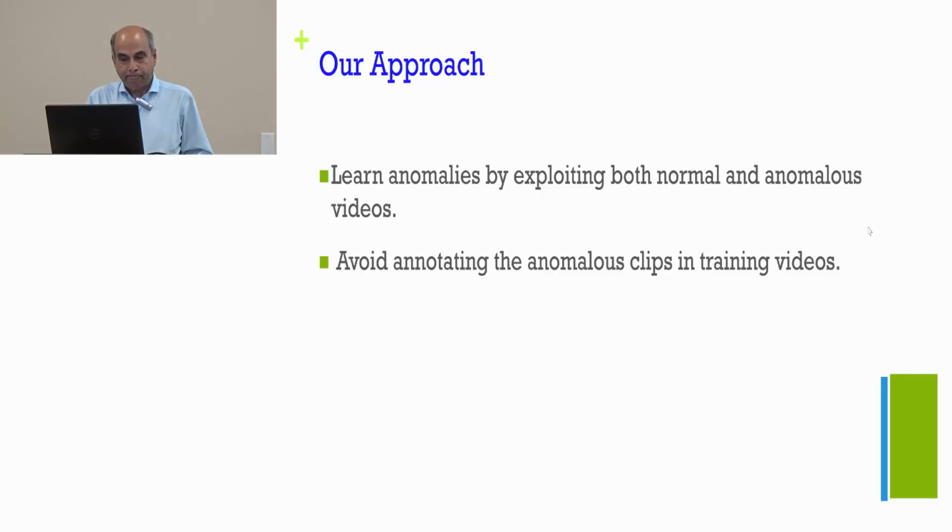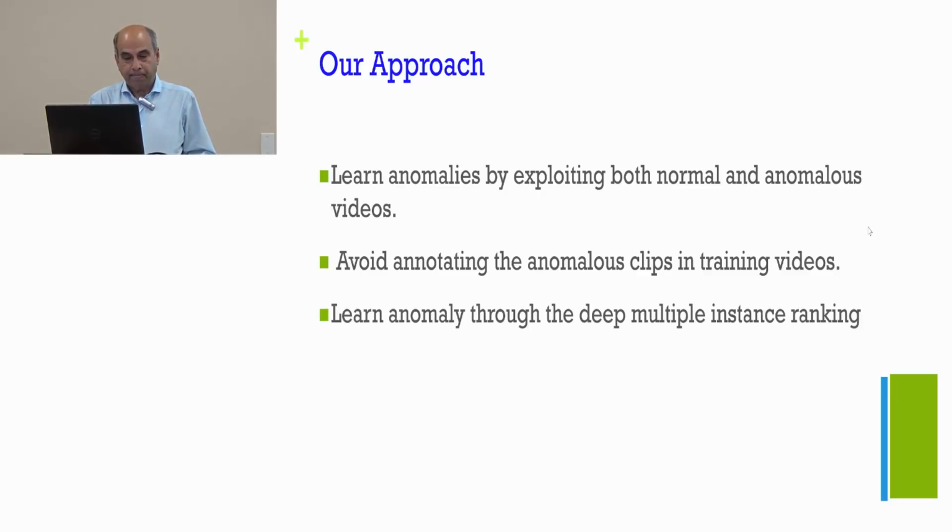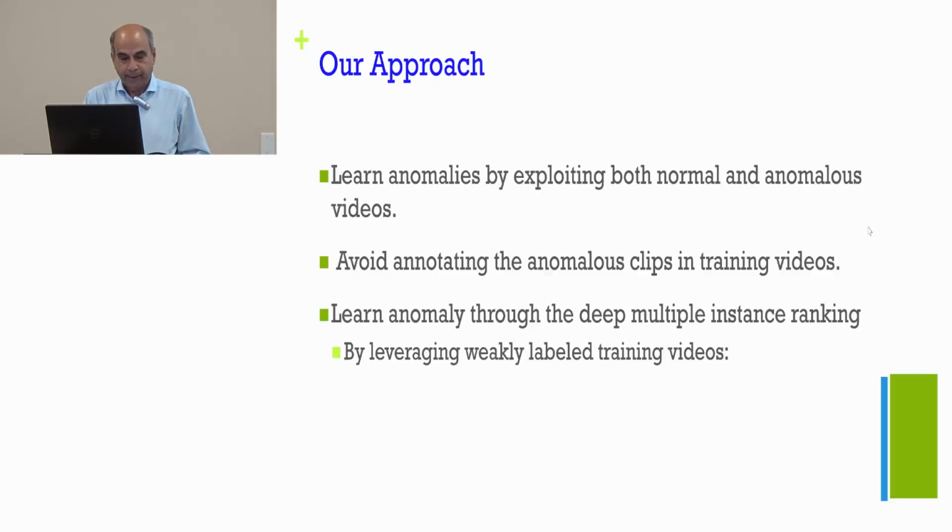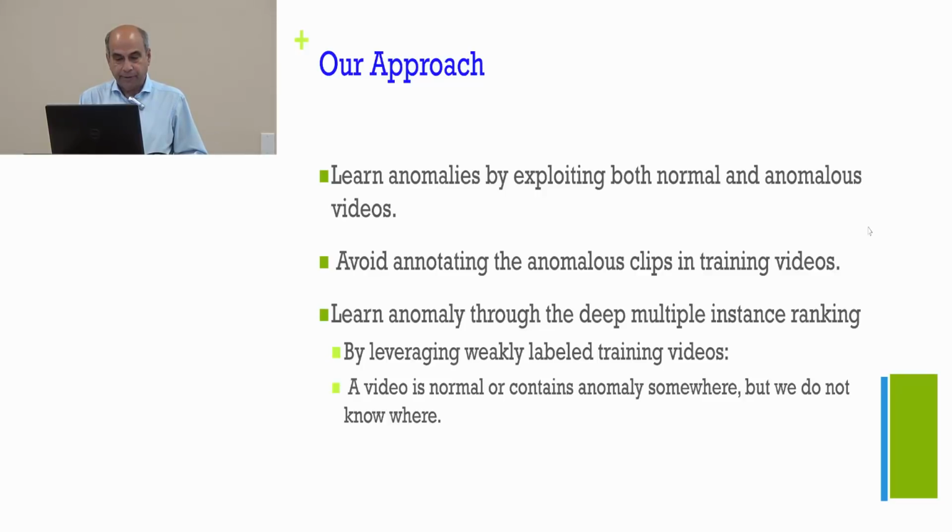We want to avoid annotation because it would take a lot of time to annotate the anomalous clips in the training videos. So we'll learn these anomalies through deep multiple instance ranking, and we'll leverage weakly labeled training videos.